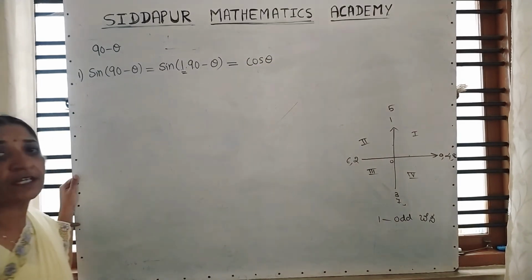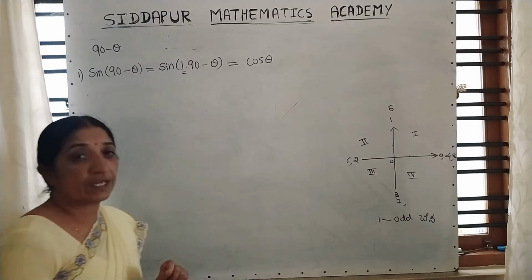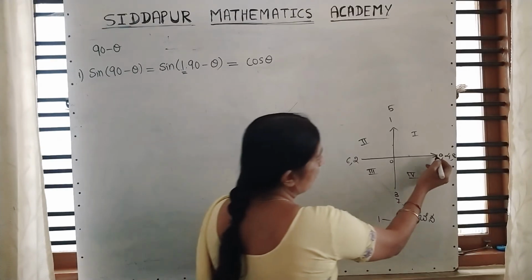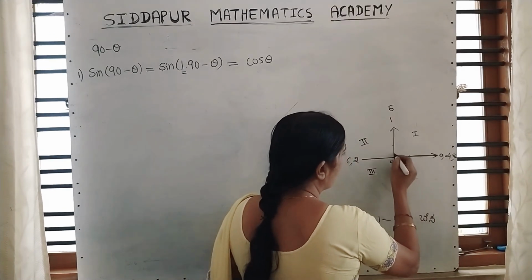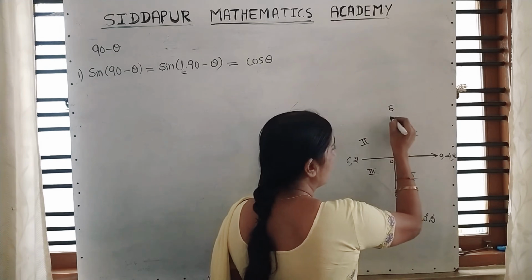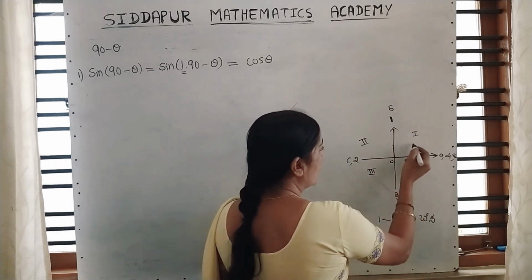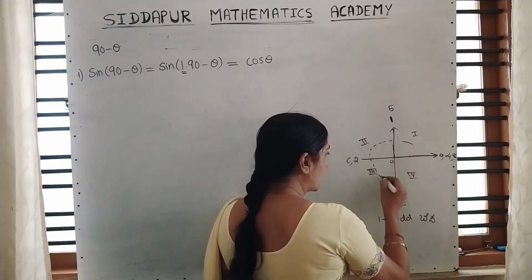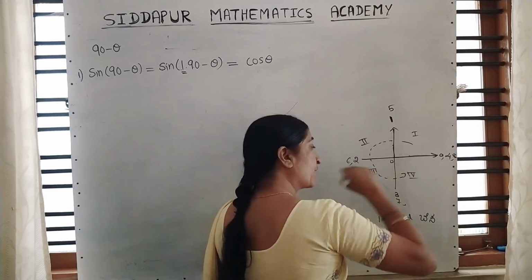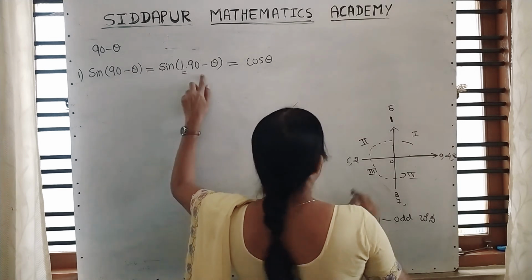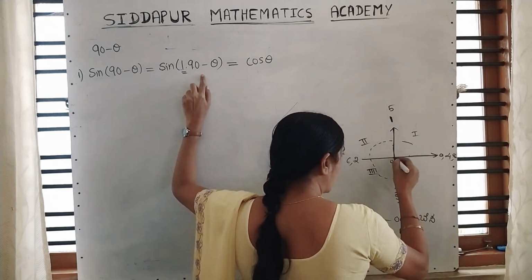After writing the trigonometric term, we have to check where it comes. This line is 0 into 90. This line is 1 into 90. That's why I wrote the number. And remember, we are moving in this direction, anti-clockwise. This is the line 1 into 90.